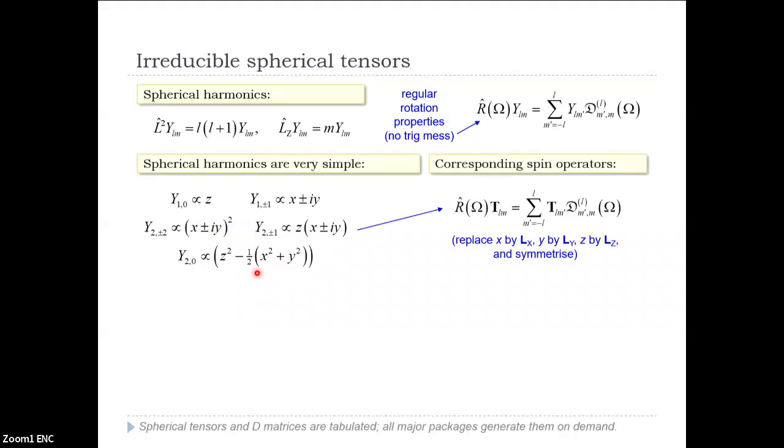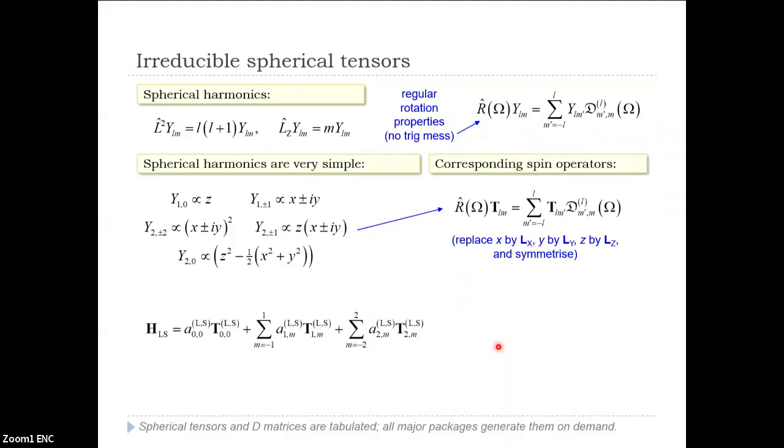The resulting spin operator spherical harmonic is called an irreducible spherical tensor. Ignore the word tensor, it's just a fancy word for a matrix in this case. So these T_LM are simply spin operators with exactly the same rotation properties as spherical harmonics, which come out of the rotational symmetry of physical reality and therefore are easy to rotate.